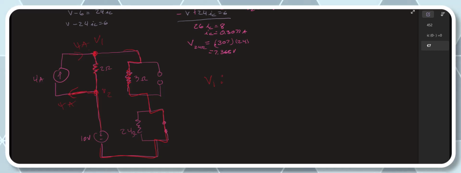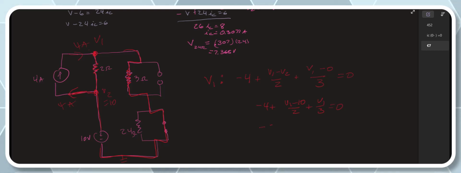So at V1, I have 4 coming in plus V1 minus V2 over 2, except V2 will be 10, plus V1 minus 0 over 3 equals 0. So minus 4 plus V1 minus 10 over 2 plus V1 over 3 equals 0.